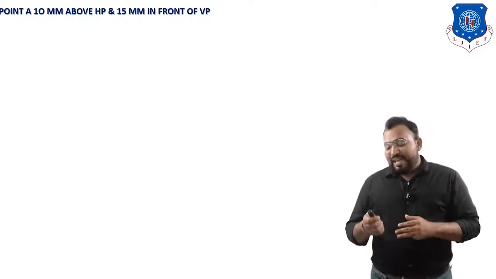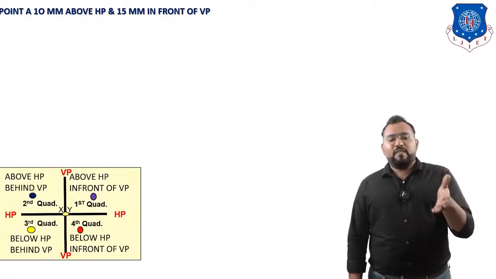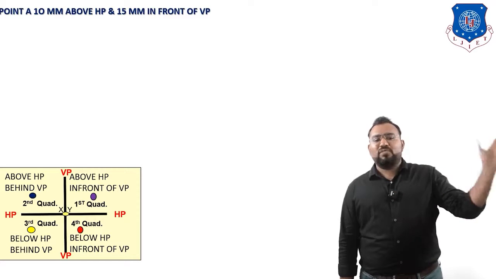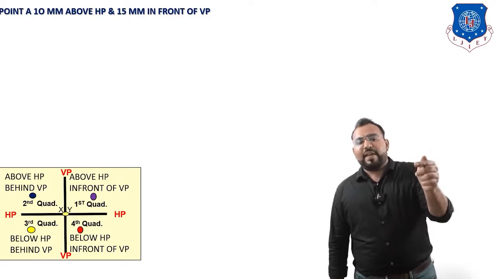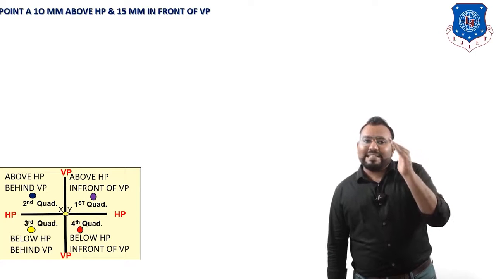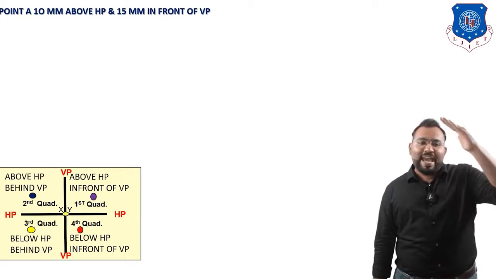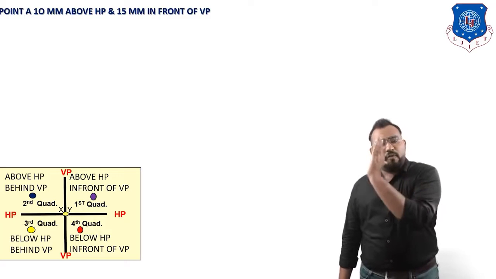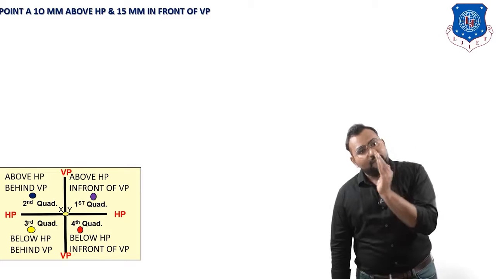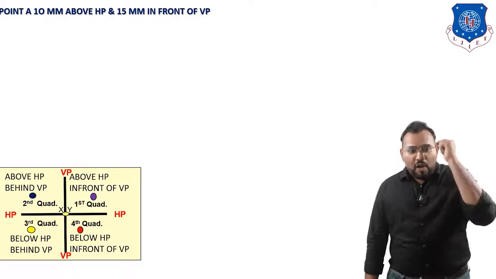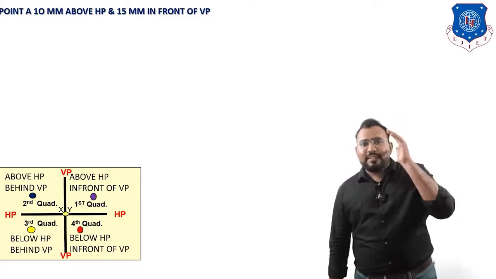For that you have to remember this figure which I have already explained in the last video. Just look at this statement again: point A is 10 mm above HP and 15 mm in front of VP. He used the words above HP, in front of VP. That means you have to remember this figure, and yes sir, you are right.